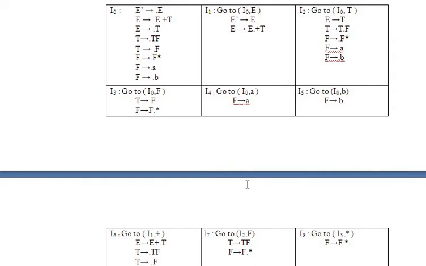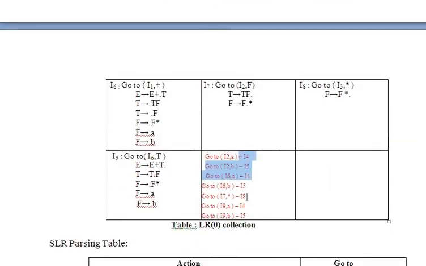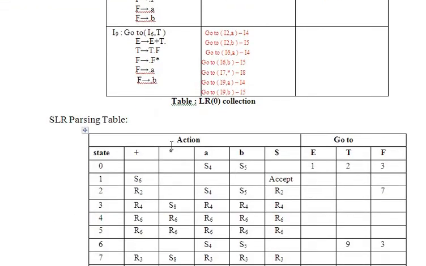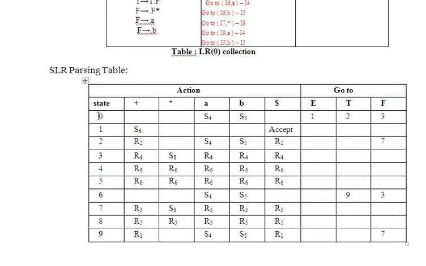According to this collection, you have to draw the parsing table. In the SLR parsing table, there are mainly two parts, action and goto. In action, you write the different states identified by I0 to I9, so your states will be 0, 1, 2, 3, 4, 5, 6, 7, 8, 9.